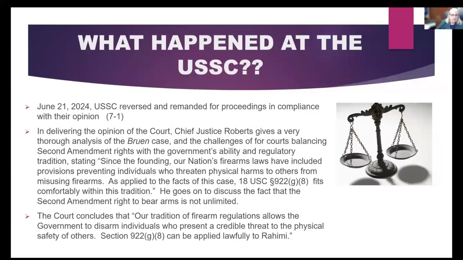And again, he also had a thorough discussion of the requirements of that particular statute. Maisha just went over that in the previous slide on what is required proof for that particular statute. So in the end, the court concludes that our tradition of firearm regulations allows the government to disarm individuals who present a credible threat to the physical safety of others. And thus, that particular part of that law can be applied lawfully to Mr. Rahimi.